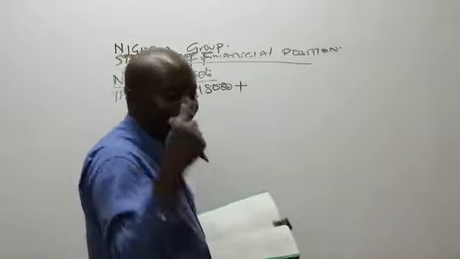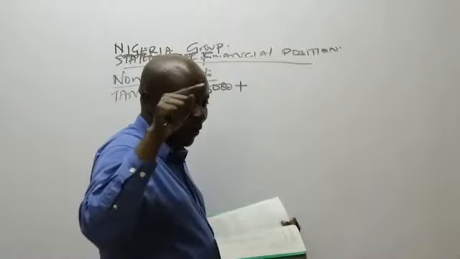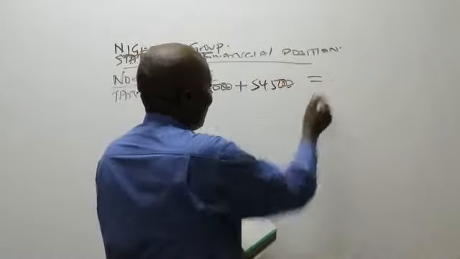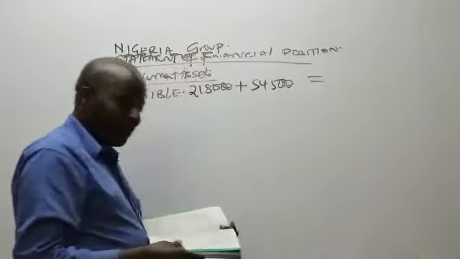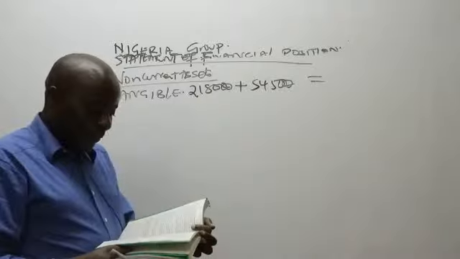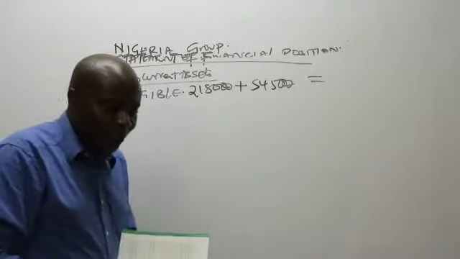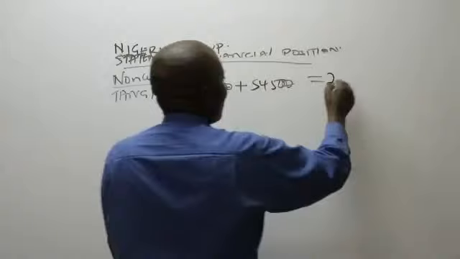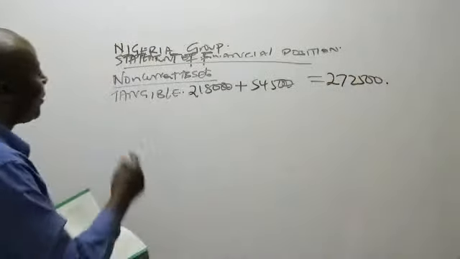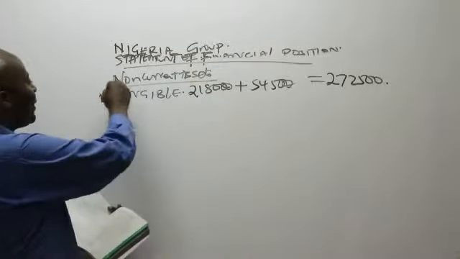Fortunately, we had adjusted the one of the subsidiary for the fair valuation, so plus 54,500. Please give me the figure. It comes to 272,500.